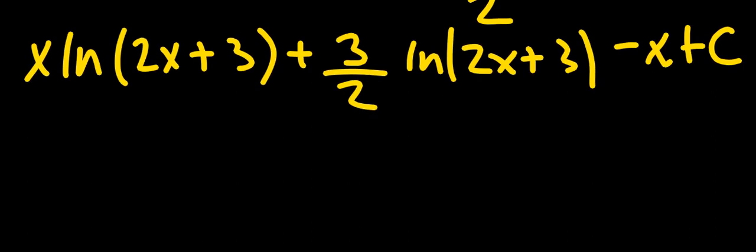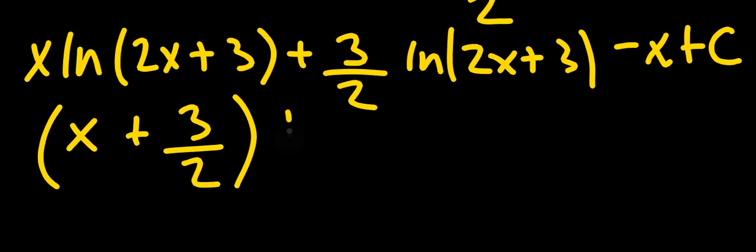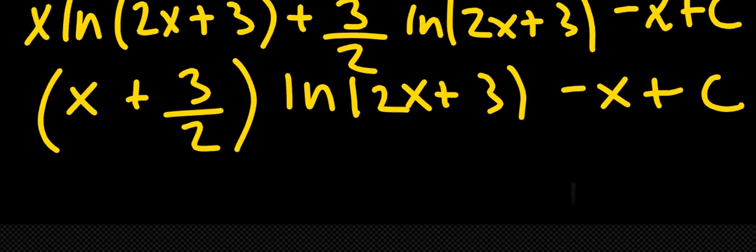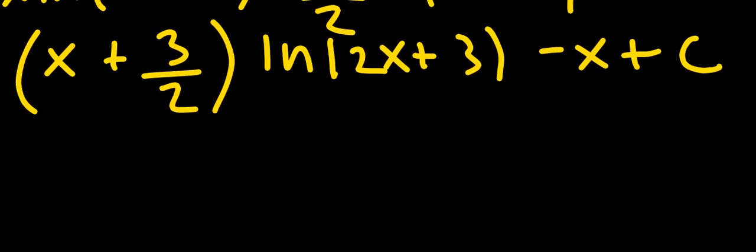So from here we would take out our x plus 3 over 2 and we would take out the common factor, which is ln of 2x plus 3. And so this is what we would get. And then, because it's neater, I'm also going to give them a common denominator. x plus 3 over 2, I'm going to give them a common denominator.